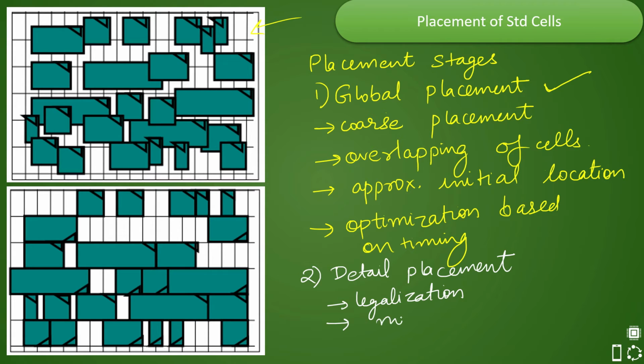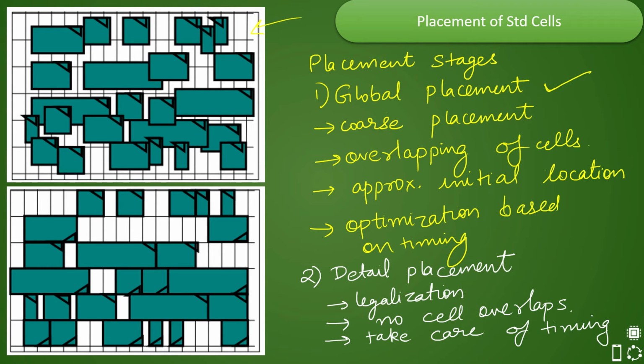While doing this legalization, the tool will try to meet the timing. It will not simply throw the cells away, it will take care of timing. Based on timing and other constraints, it will try to legalize the cells in detailed placement.